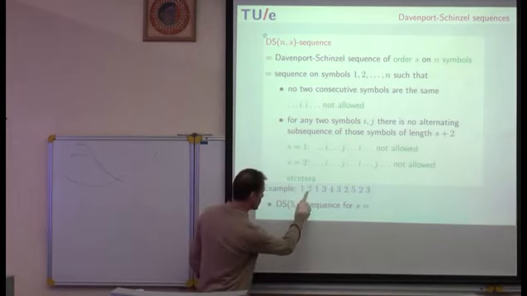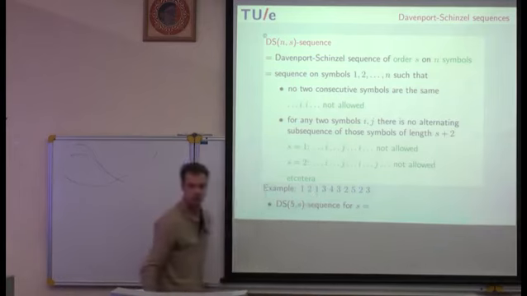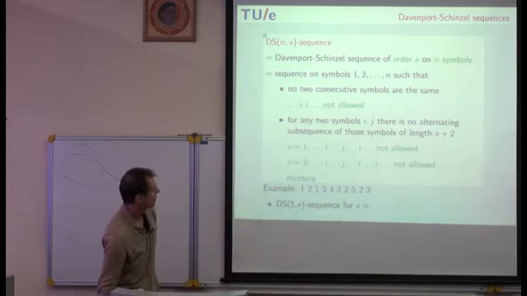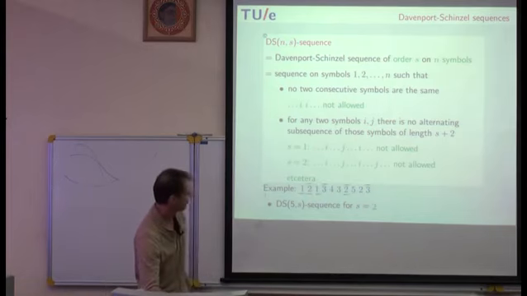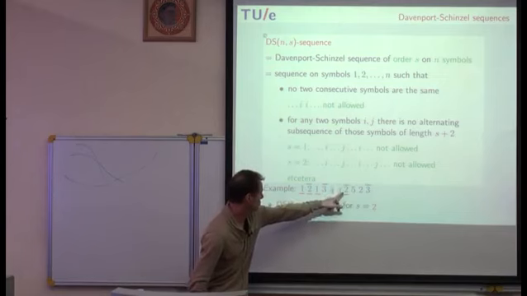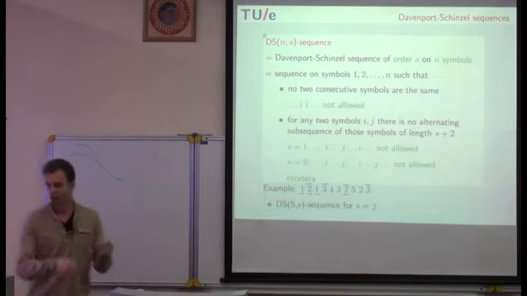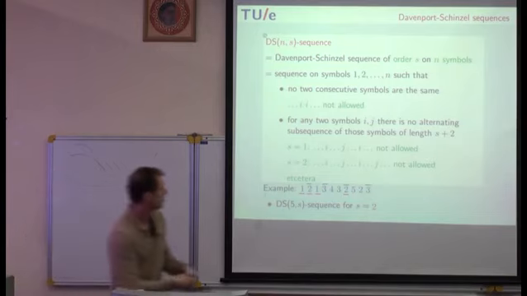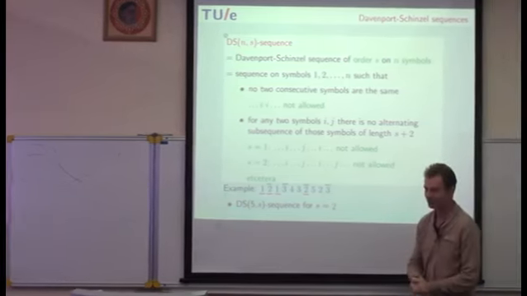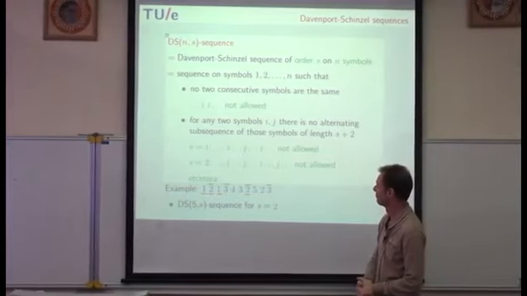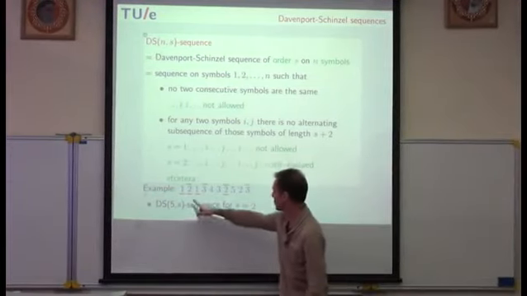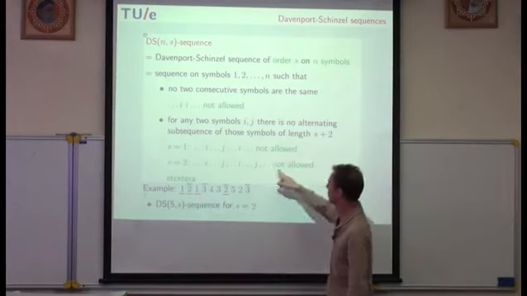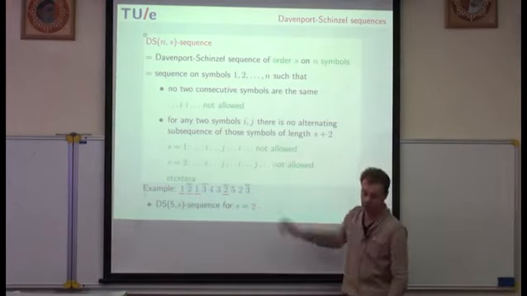Here I have 1, 2, 1, 2, and I also have 2, 3, 2, 3, but I never have such an alternation of length 5. So, actually, this should be 3, right? Because I do have this 1, 2, 1, 2, so I have it for 4, but not for 5.